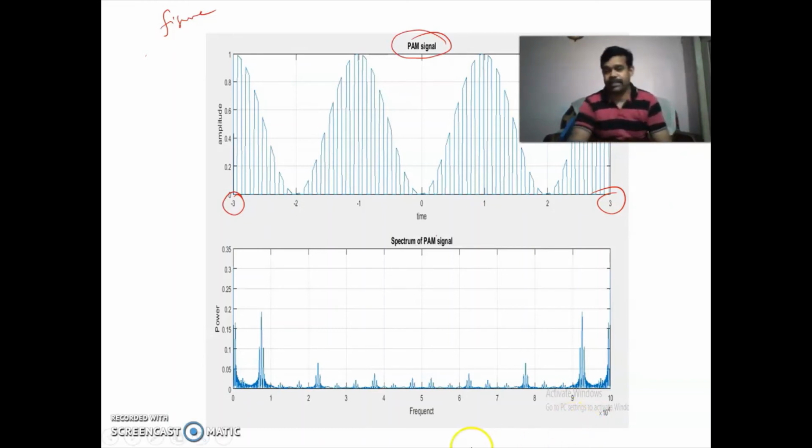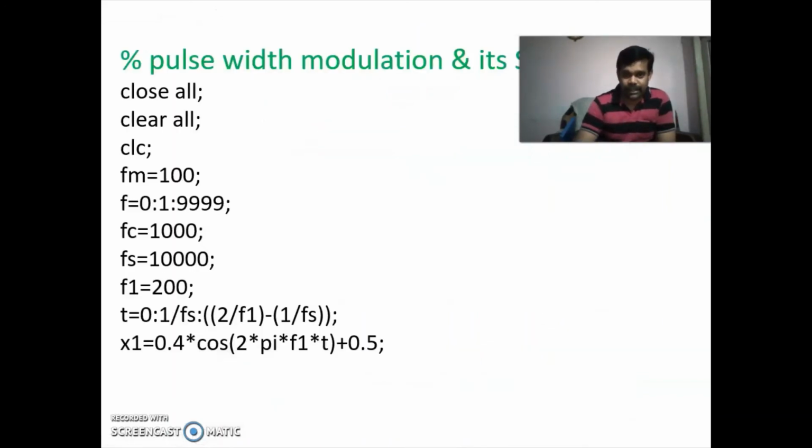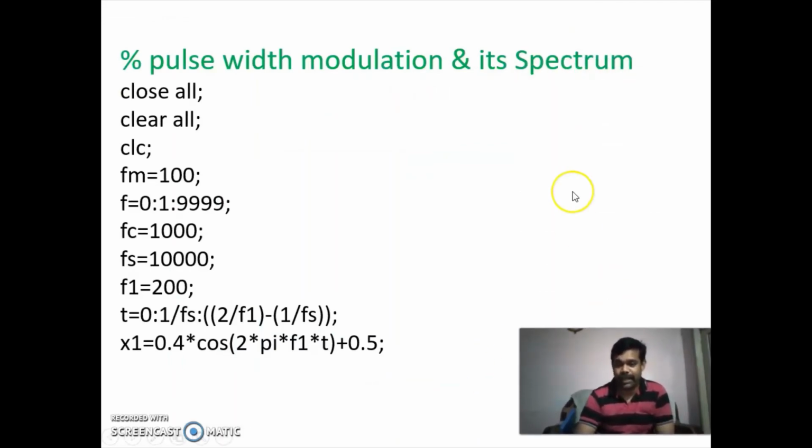With this we have completed pulse amplitude modulation. Next one is pulse width modulation and its spectrum. Here also the aim is to write a MATLAB program to simulate the pulse width modulation and its spectrum.